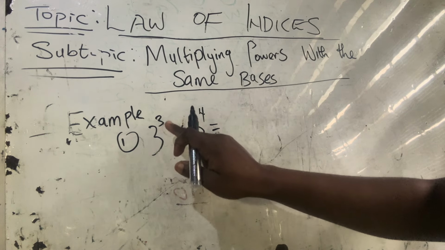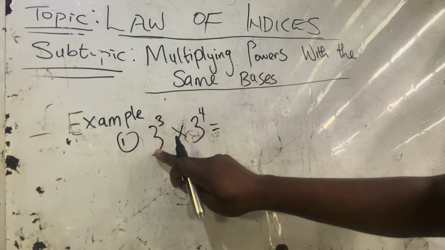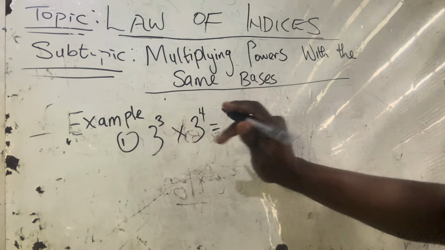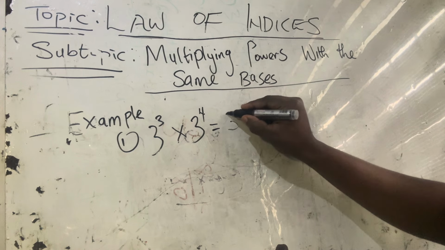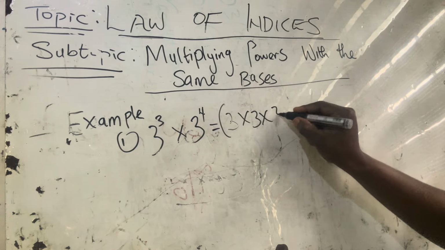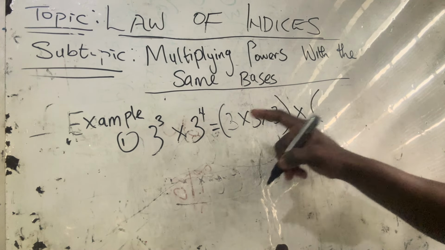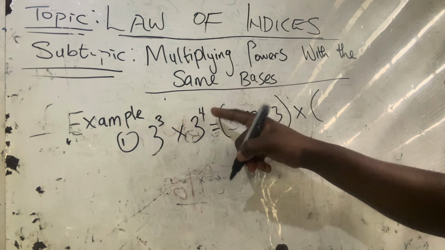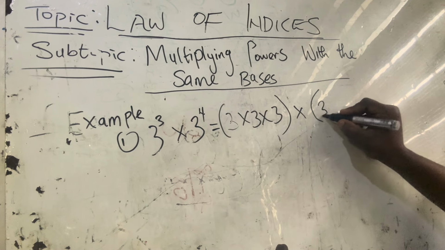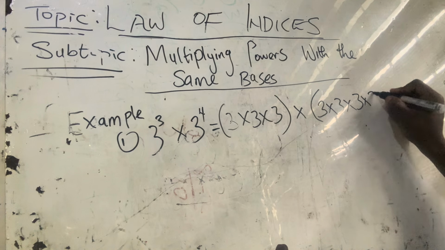So it means I'm going to be multiplying my 3 into 3 places, which is 3 times 3 times 3, multiplied by 3 into 4 places. 3 raised to power 4 means 3 into 4 places. That's 3 times 3 times 3 times 3.